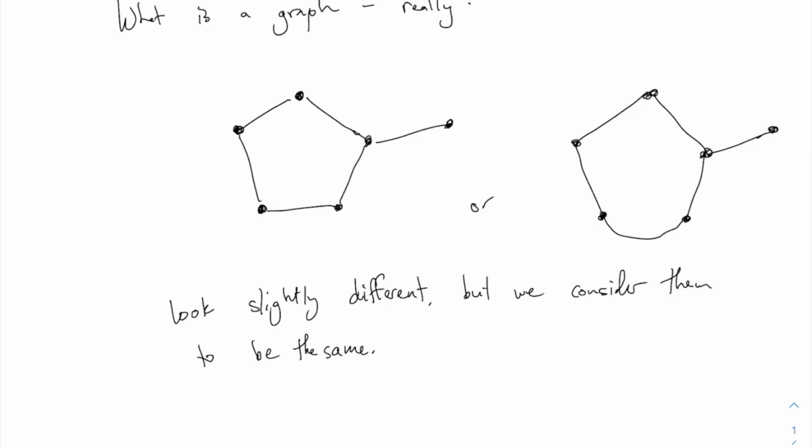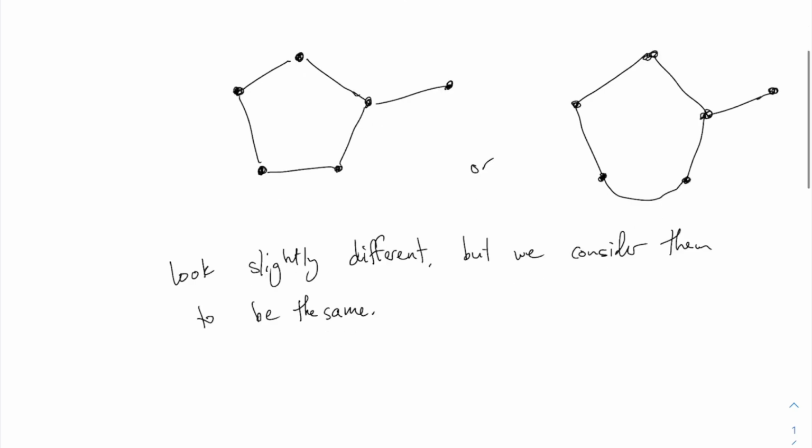Because all we care about with a graph are the vertices and their connections with one another. We don't actually care precisely how you draw one connection or the other. Precisely how you draw them is not important. What is important is what are the vertices and what are the connections.